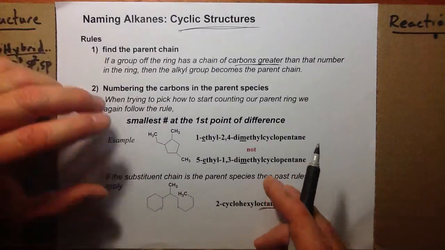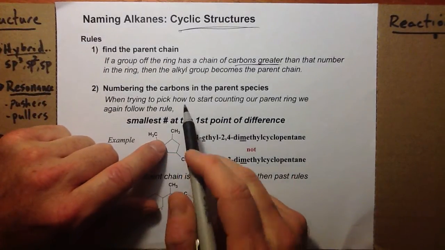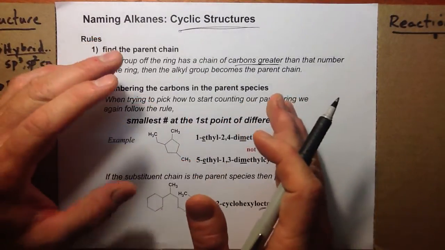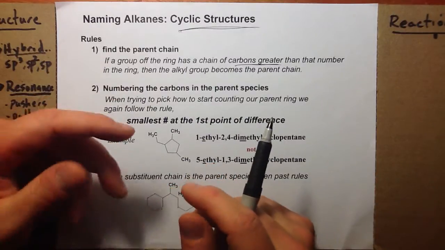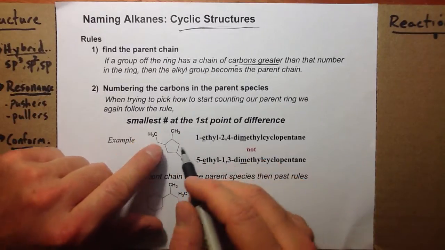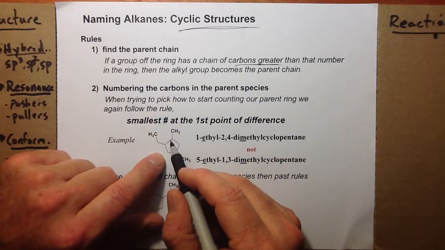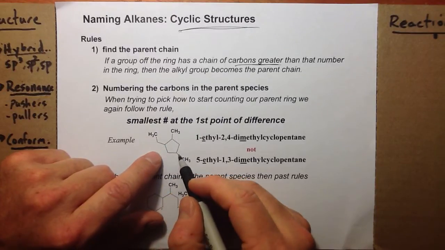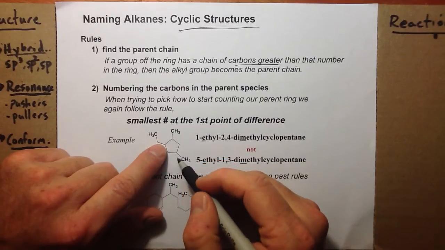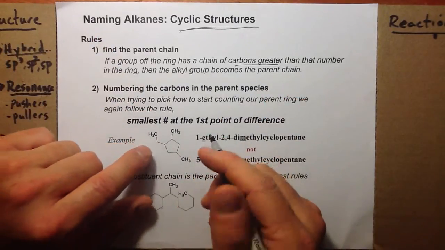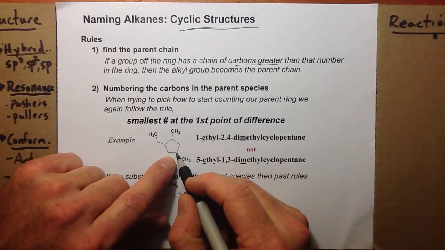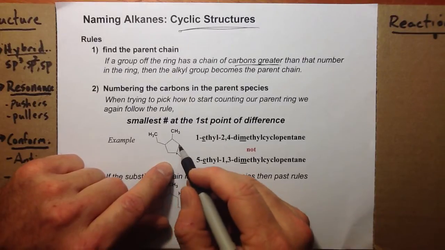Now if we don't have that, and the parent is the ring, number the carbons in the parent species the same way we did with non-cyclic species, where the first branch or point of difference is closest, so with the smallest number at the first point of difference. If we think this is carbon 1, then we have 2, 4. But we can also consider this one as 1, and it would be 2, 4. So we don't have a way to say the smallest number at first point of difference, except to say I know this one can't be carbon 1 because the smallest number is 2, 2.